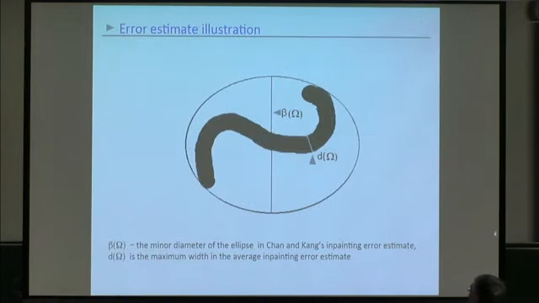Now this is a hand-painted picture, to indicate what's going on here. This is the beta, the radius, I suppose. This is the beta omega, the minor diameter of the inpainted area.